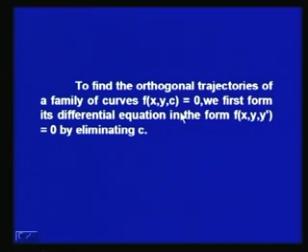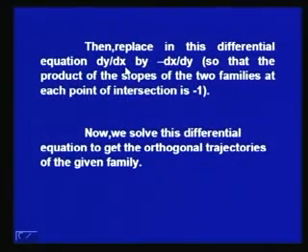That is, we arrive at a differential equation of first order dy/dx = g(x, y), and then replace dy/dx by -1/(dy/dx), which can also be written as -dx/dy, because at each point of intersection the product of slopes of the two families of curves will be equal to -1, and so we replace dy/dx by -dx/dy and arrive at the differential equation for the family of orthogonal trajectories.